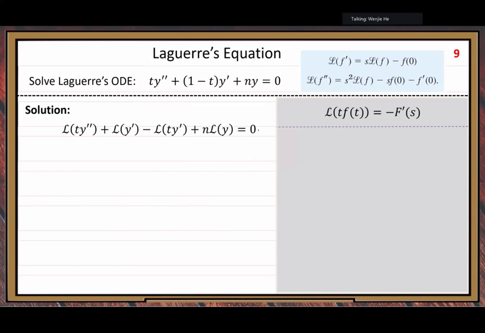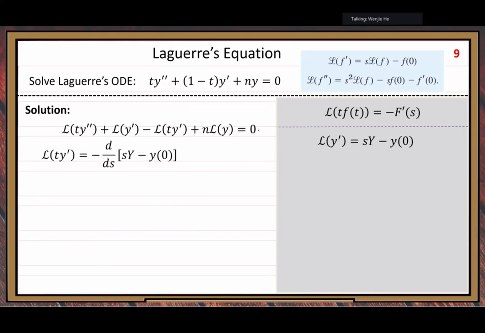So let's take the Laplace transform of both sides. Look at the structure, right? Easy, but you have t. When you have t, you can use this formula. Laplace transform of y prime, that's easy. So the second term is easy.